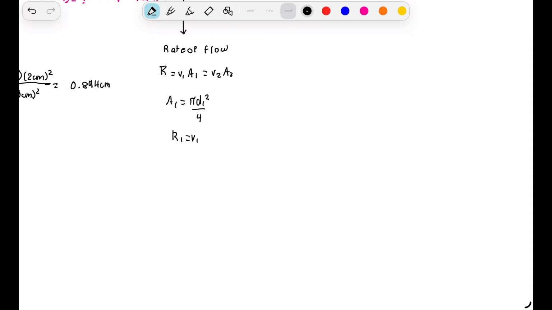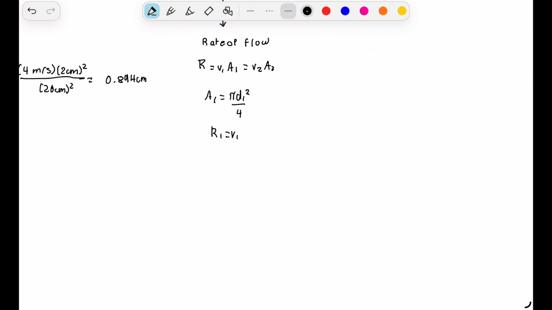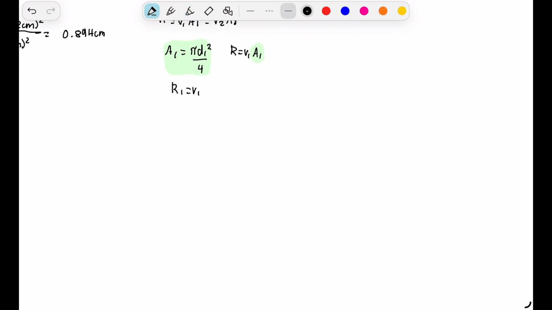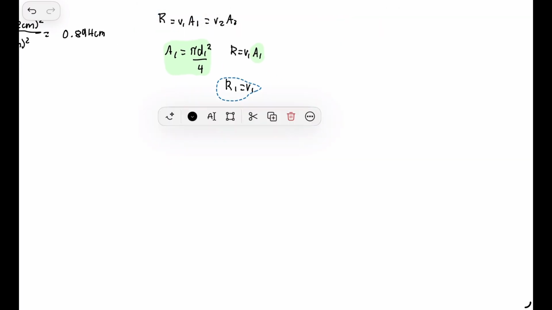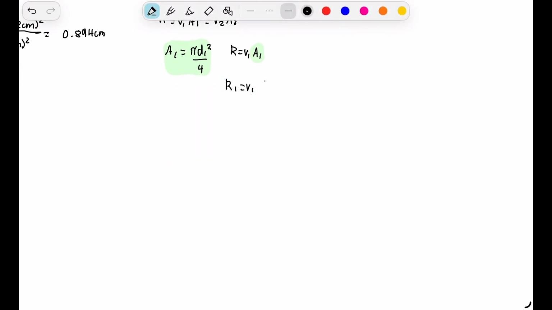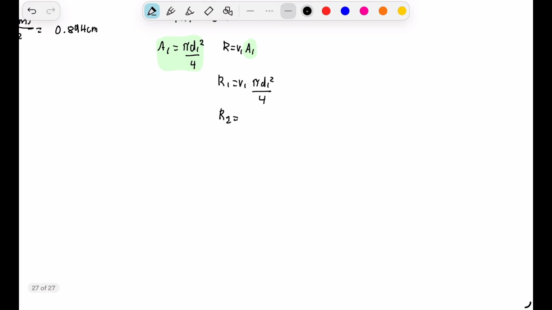R is equal to V1 A1, and because we have A1, we can substitute A1 into R. If we do that, then we get the form R1 is equal to V1 times pi D1 squared over 4. Now we just solve for R1 by substituting what we have.